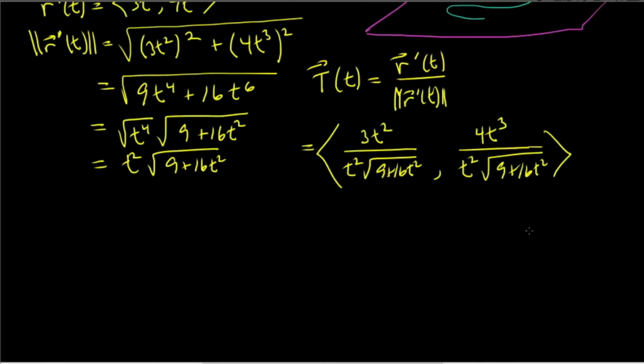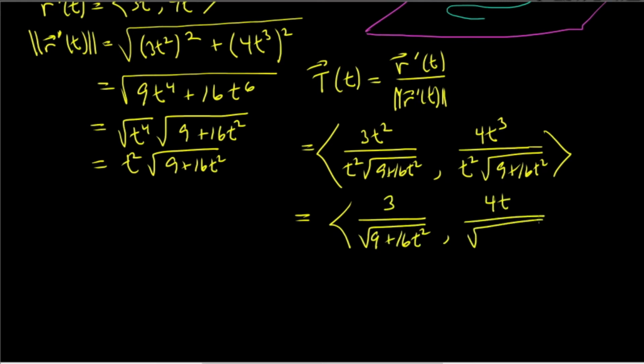At this point, I wish I used the i and j notation, but this is fine too. So the t squares cancel, so this is just 3 divided by the square root of 9 plus 16t squared, and then the second component will be 4 times t divided by the square root of 9 plus 16t squared.